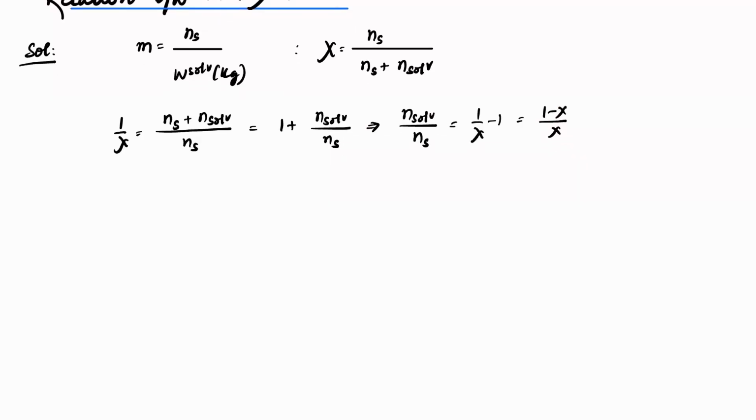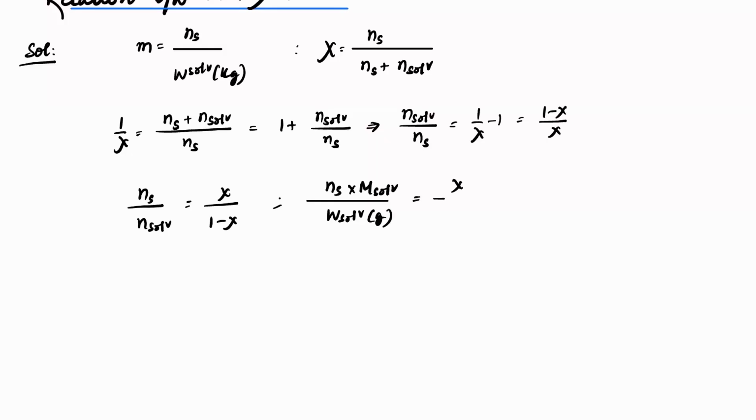Now reciprocate once again. So number of moles of solute by number of moles of solvent will be equal to x by 1 minus x. And I can write the number of moles of solvent as weight of solvent upon molar mass of the solvent. But this is in grams.